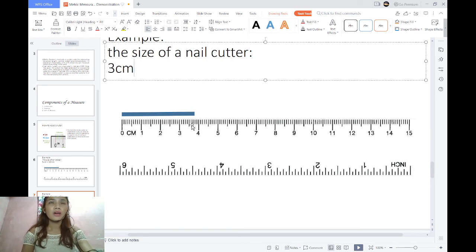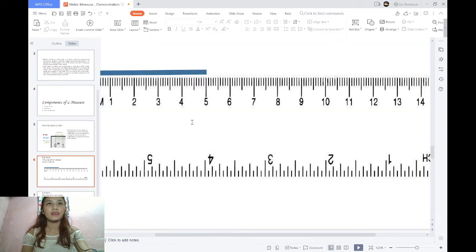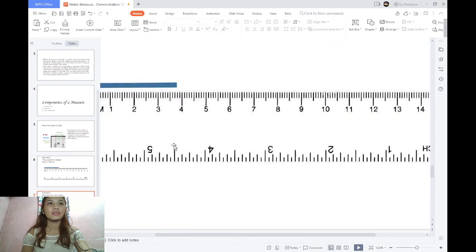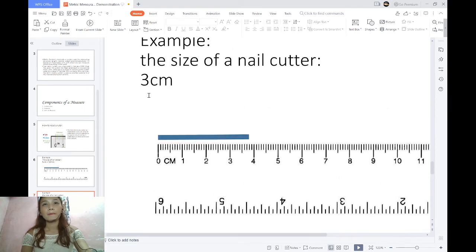However, we have here the calibrations. It ends with 1, 2, 3, 4, 5, 6, 7, 8 millimeters.